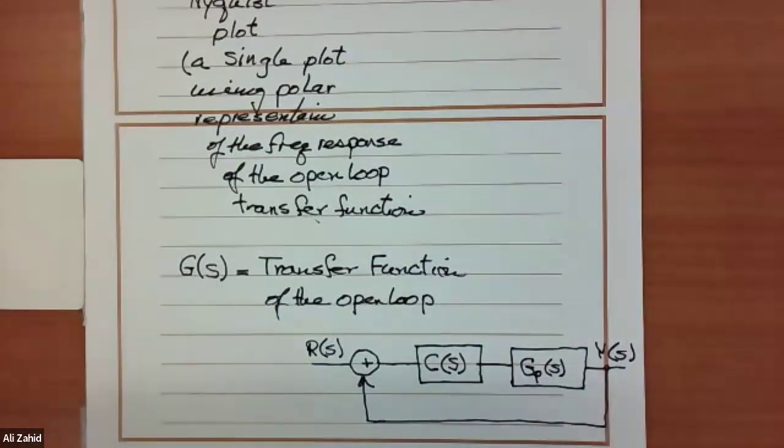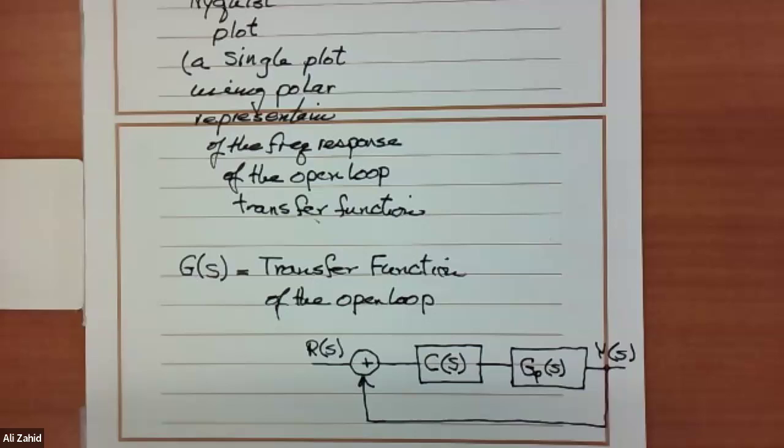Notice that everything we are going to do today and in the final exam will be assuming that we do have a unity feedback system. But if our system is not a unity feedback system, we could always change it to one, like I showed you in the middle of the semester, 3 or 4 lectures ago.